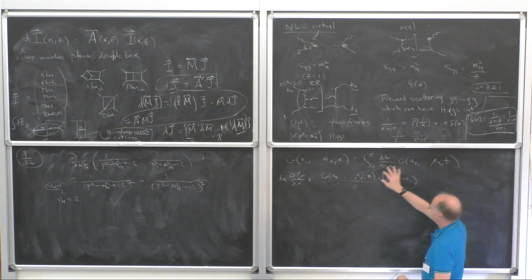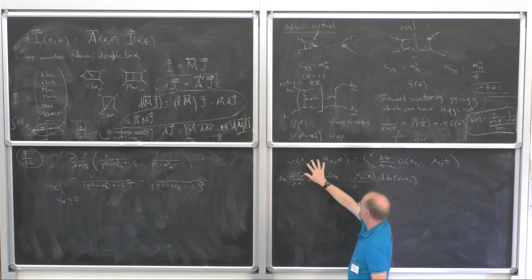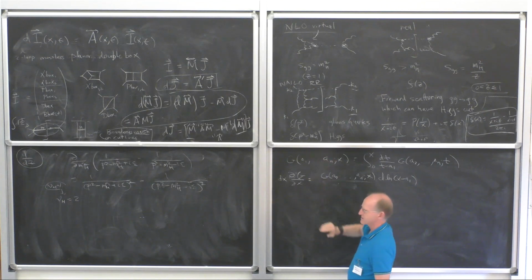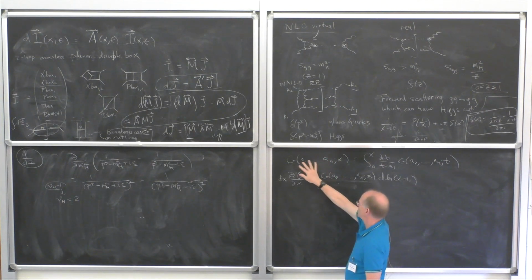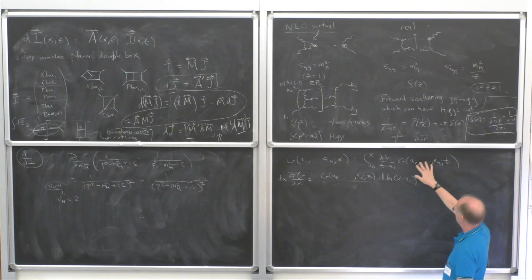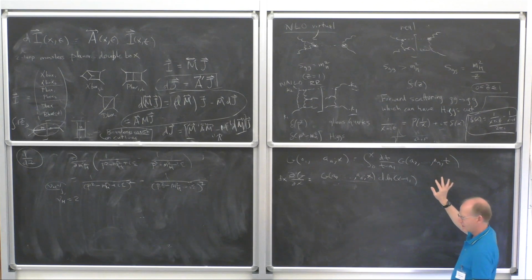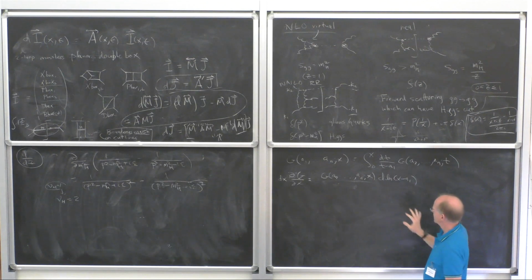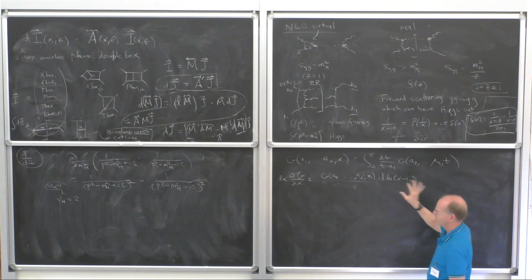Now these indices could also depend on the kinematic variables. They might not be constants. And maybe you want to differentiate these functions with respect to them too. And it's a little trickier then when you take derivatives in here, but you can use various identities to rewrite them in terms of other d logs.